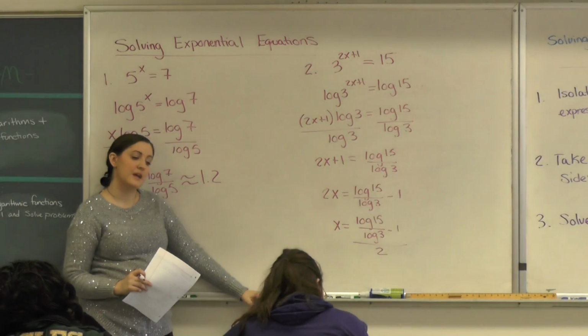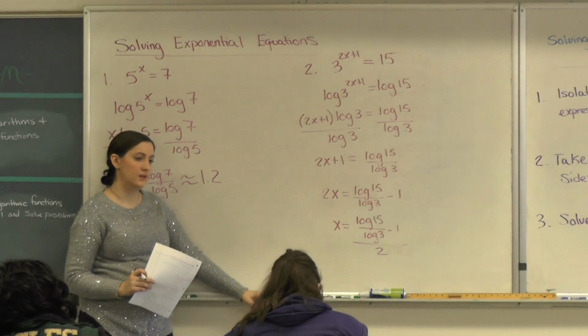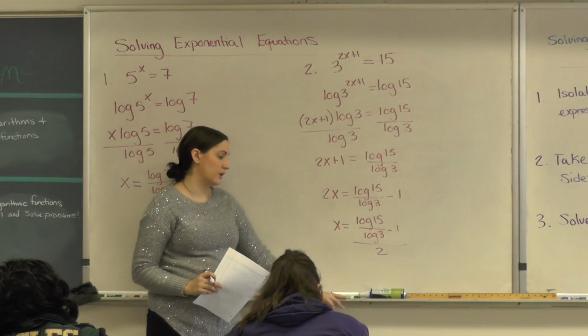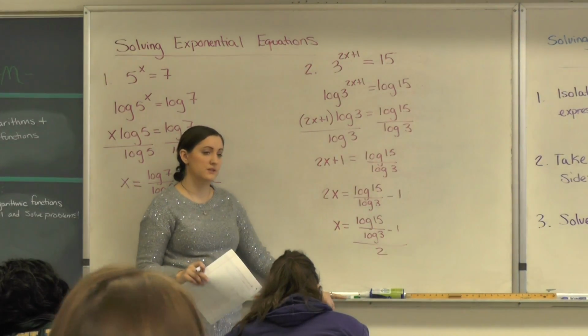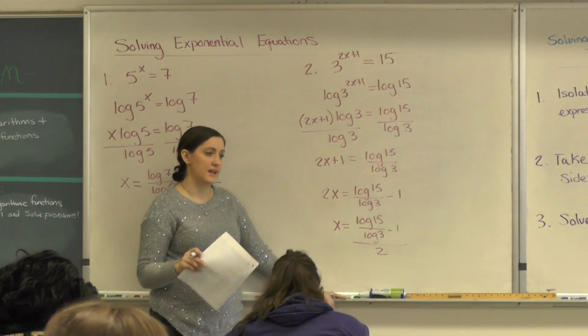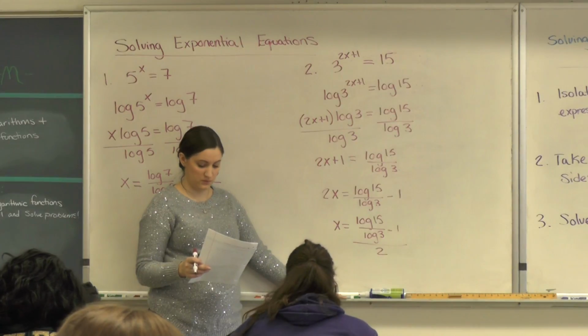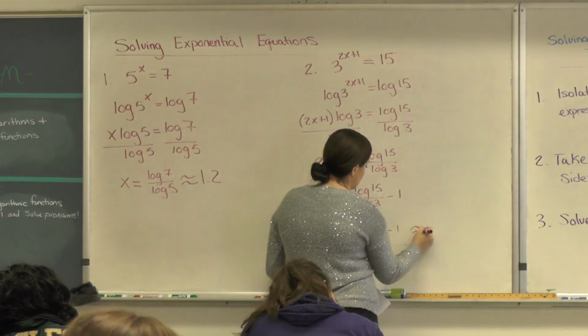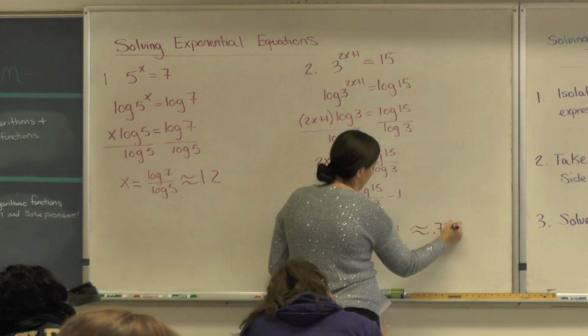Be careful when you put this in your calculator. I suggest that you put the log 15 over log 3 in first, get an answer, subtract 1, get an answer, and then divide that answer by 2. Approximately 0.73 is what you should get.